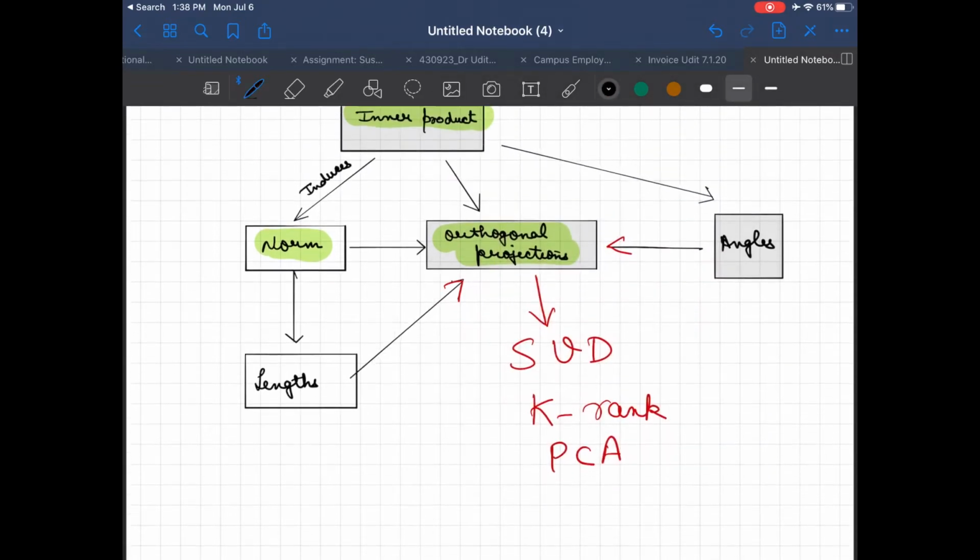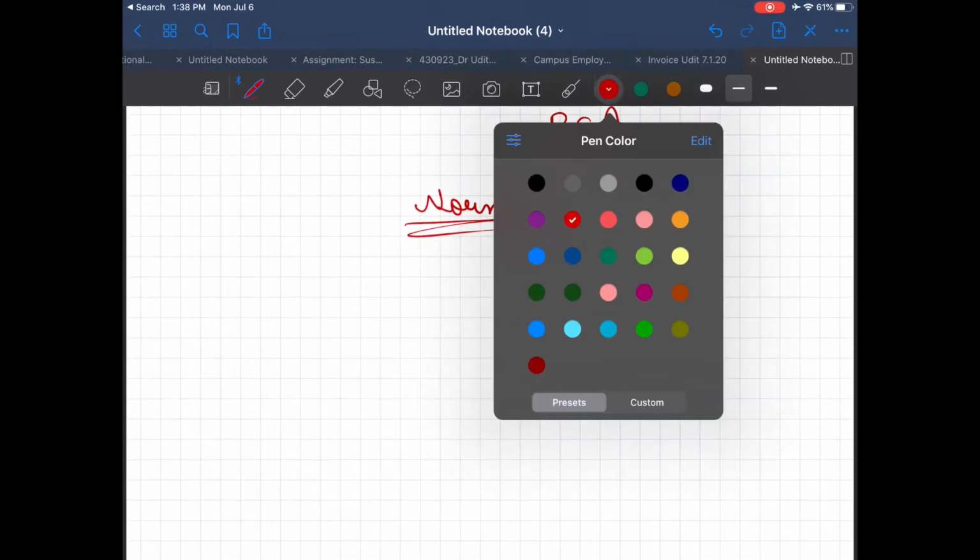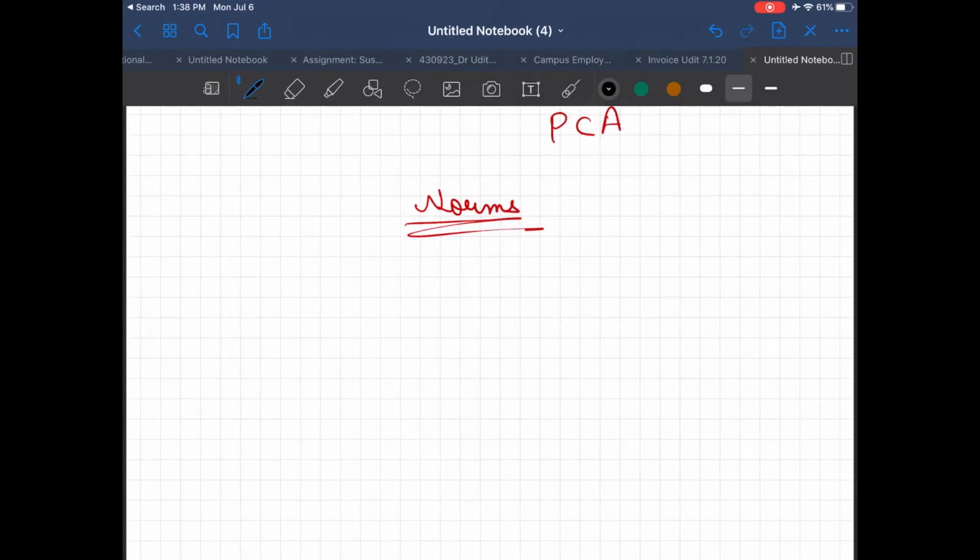So we will try to understand what these words mean, and we will start with something called norms, and norms make frequent appearance in machine learning literature. So let us define a norm on a vector space V as a function that maps any vector to a real number.